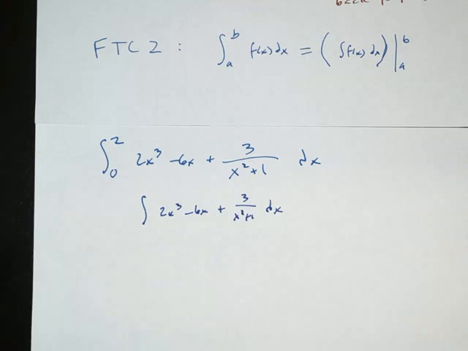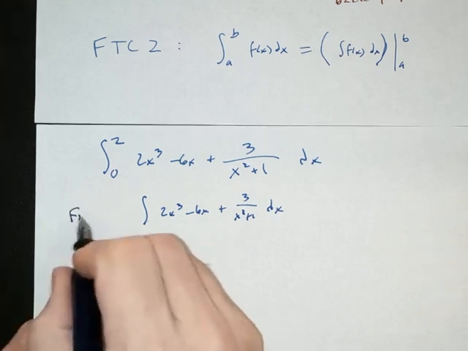Do the indefinite integral first. What's my antiderivative? Now, normally, I just did the antiderivative. I didn't talk about it. I said, well, we know how to take the antiderivative here. No, let's actually write that out. So first, I do this. We can write that word first.